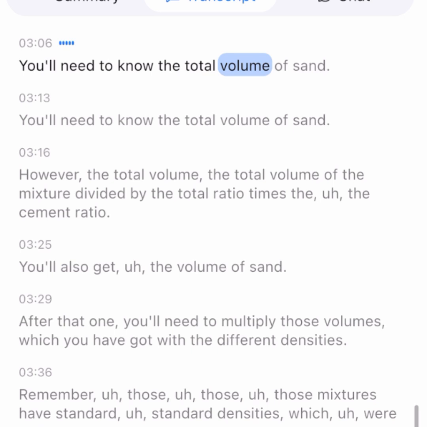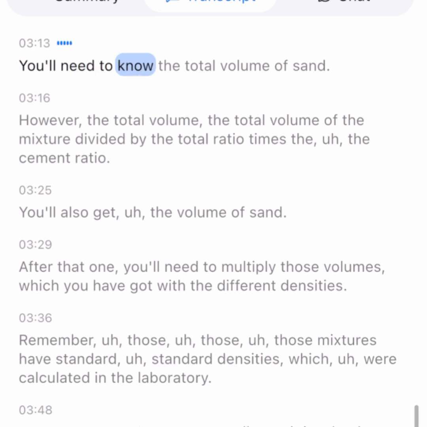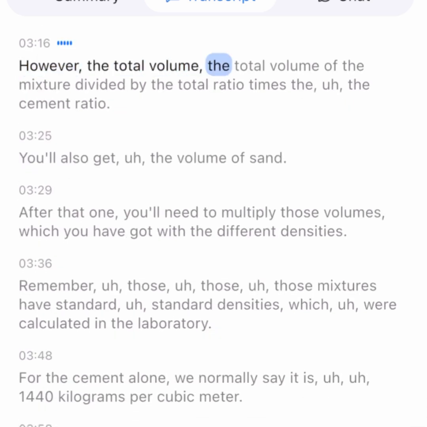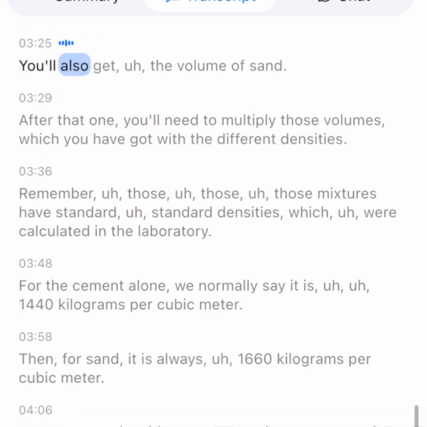Same applies to sand: the total volume of the mixture divided by the total ratio times the sand ratio. You'll also get the volume of sand.